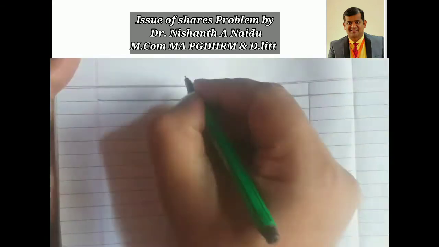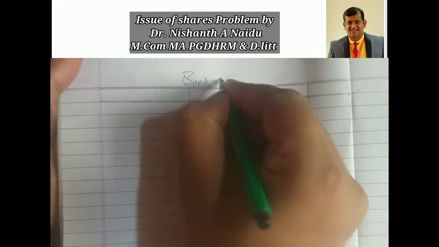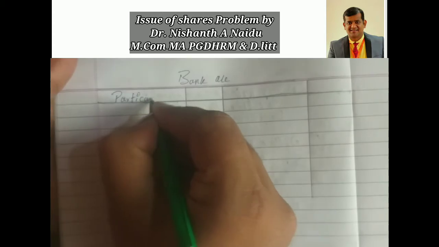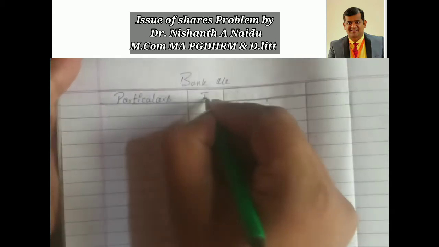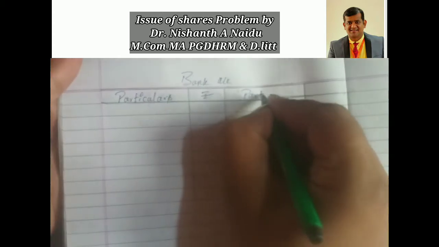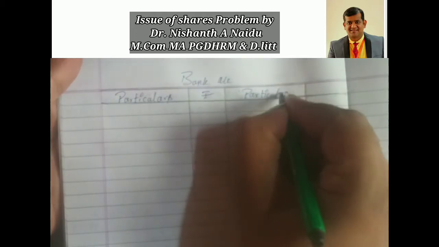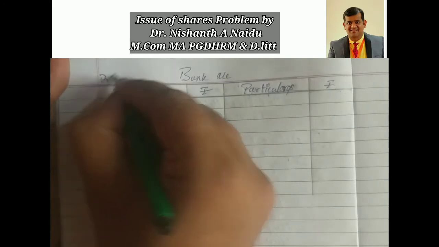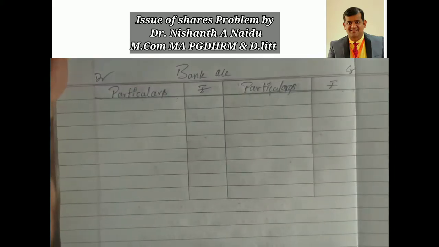So let us give the heading, that is bank account. So write titles for the table: particulars, rupees, particulars, rupees. Okay, so debit and credit. So done.